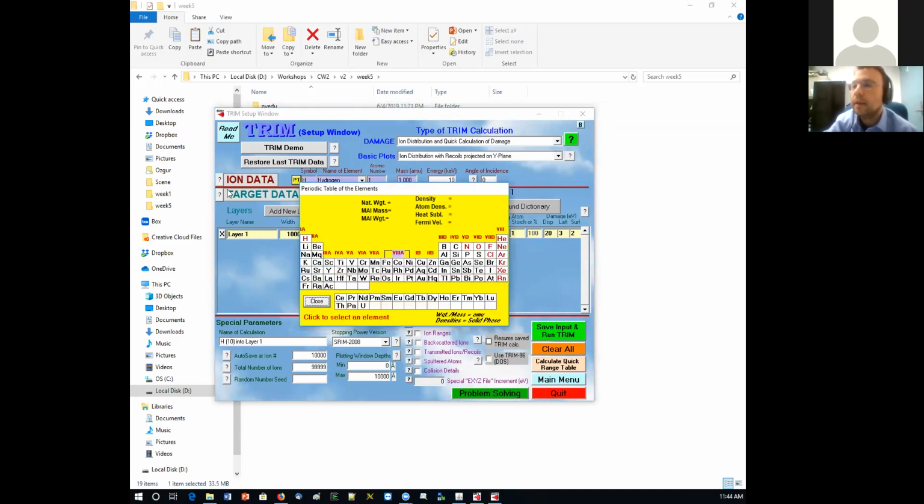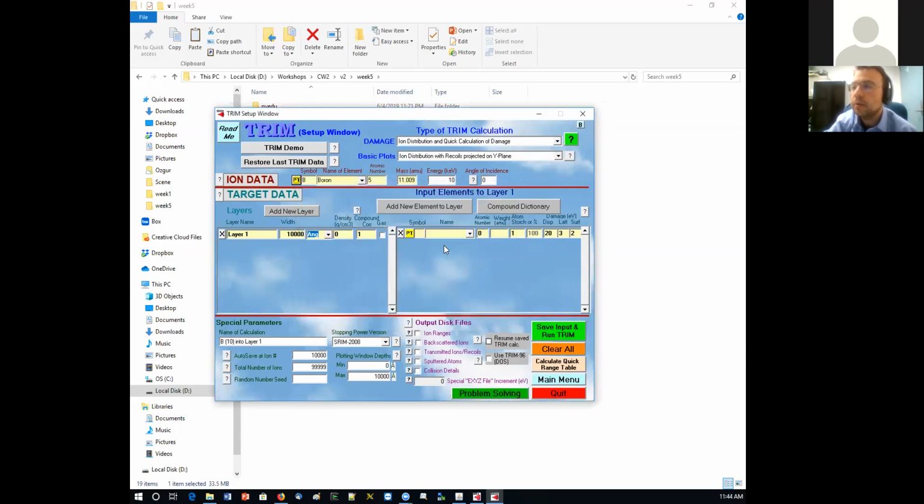That's the ion data. The bottom part will be the target data. So click on PT and choose boron. That's going to be our acceptor dopant. For the energy that we're going to send it, 10 kilo electron volts is very low. So let's make it, I don't know, 100 kilo electron volts. That might still be low.